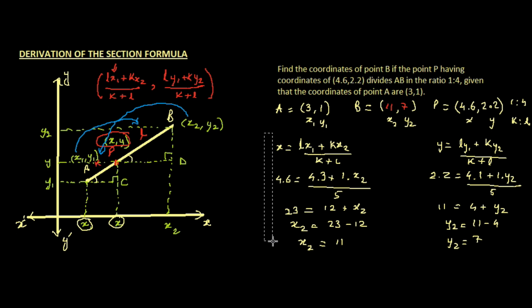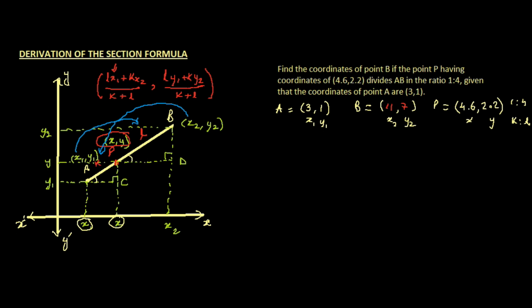Now to verify the answer, we'll just draw a rough figure and see whether our answer works or not. We'll draw a rough diagram to see where the points are. So just to test, I'm going to mark these points very quickly.